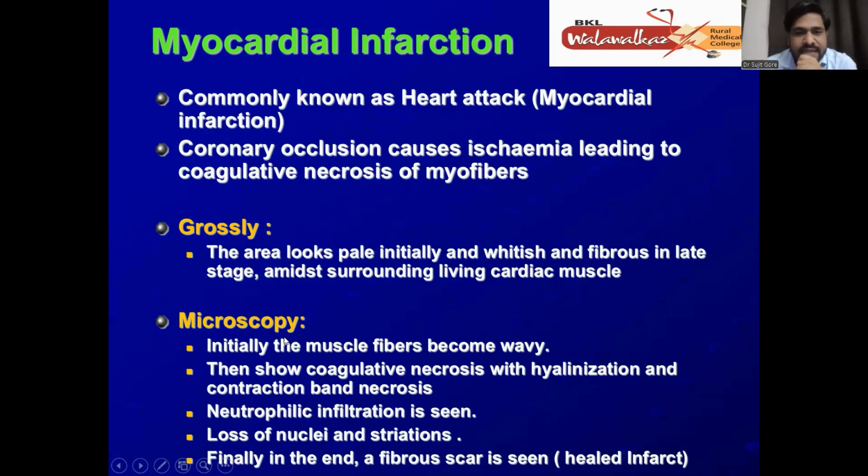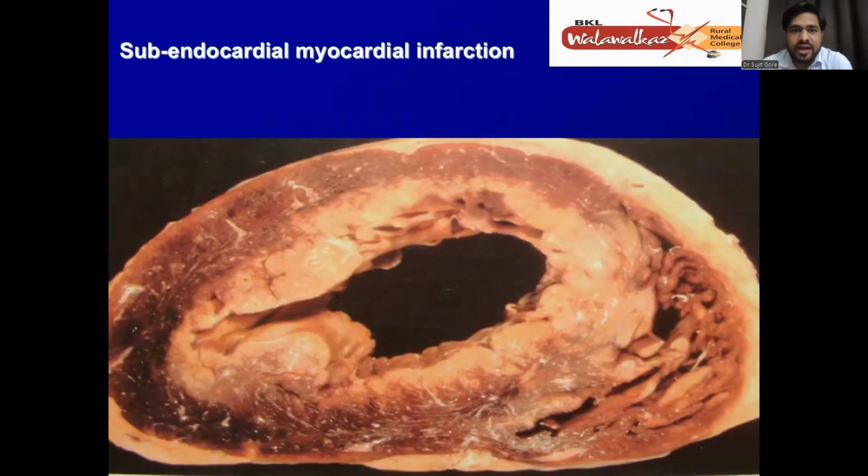Microscopically, initially the muscle fibers become wavy, then show coagulative necrosis and hyalinization and contraction band necrosis. There will be neutrophilic infiltration also seen, with loss of nuclei and striations. Finally, in the end, the fibrous scar is seen, that is healed infarct.